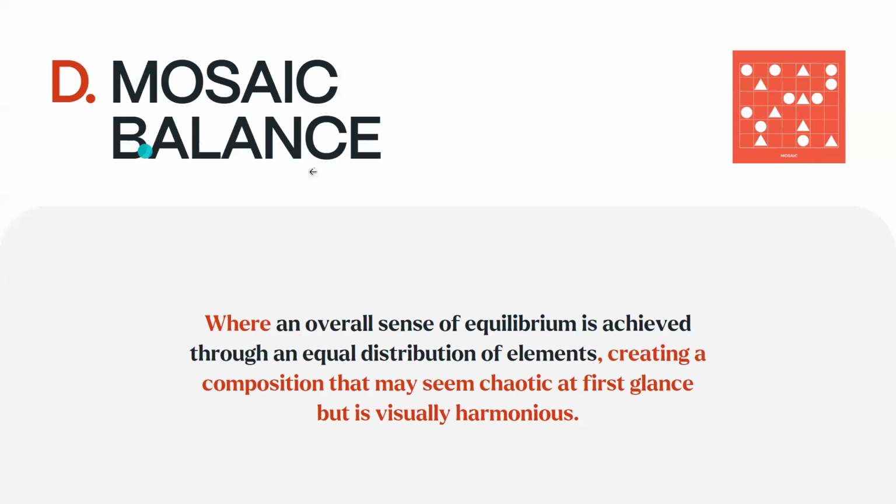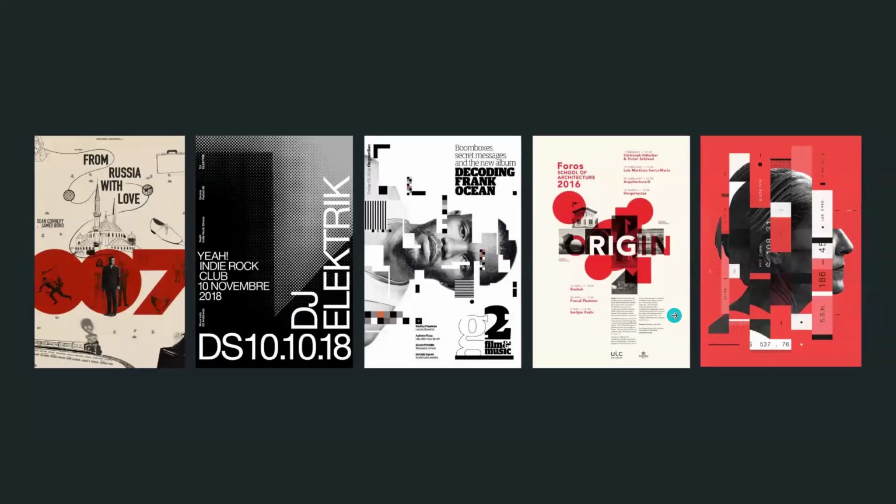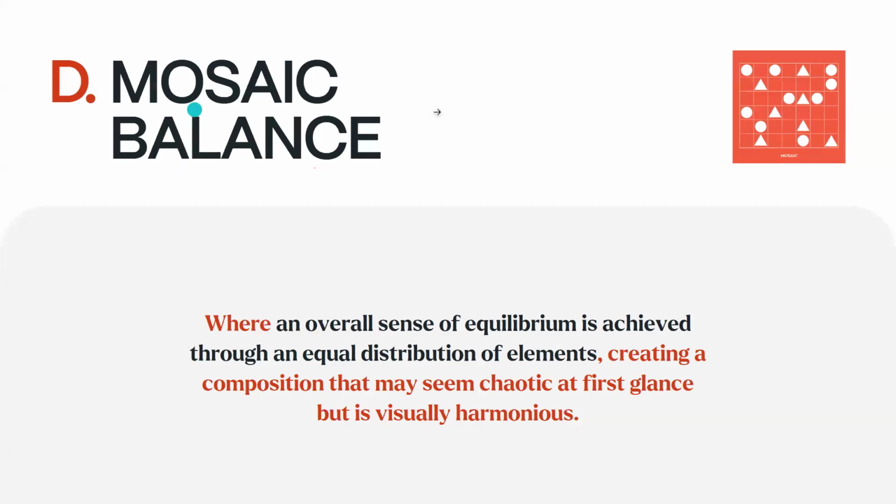And the fourth one is mosaic. As the name suggests, mosaic means zigzag, right? There will be no equilibrium in the design, there will be no similar things in the design, there will be no symmetry in the design, but somehow it will make sense because it is using mosaic balance.